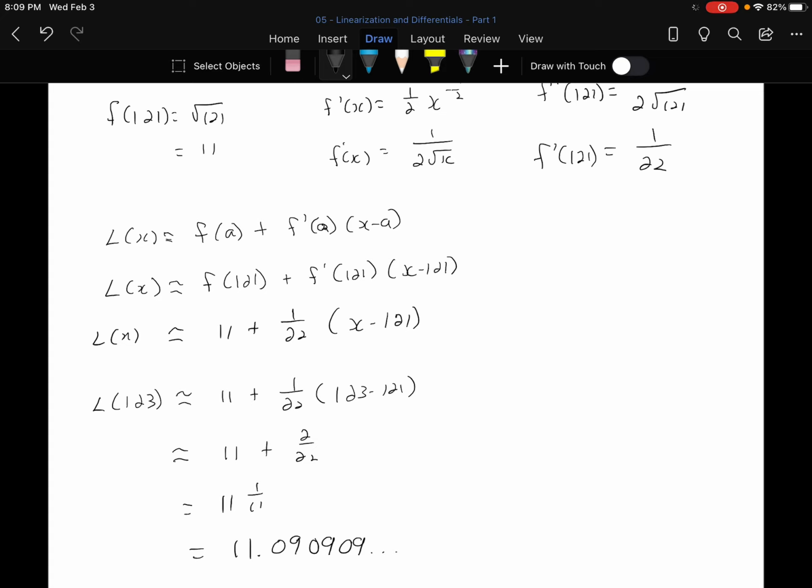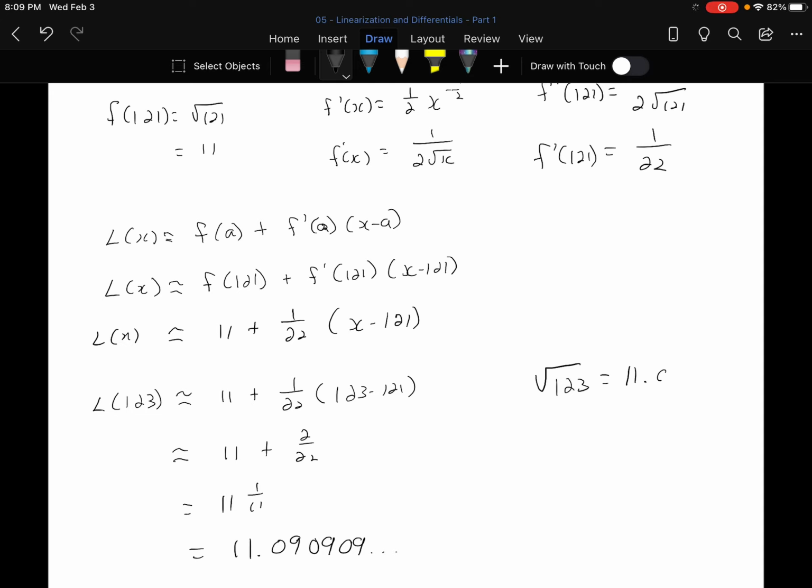But anyways, in the meantime, we better actually check to see how good an estimate this was. Find the square root of 123 using our calculator, see how good we did. And incidentally, we don't need our calculator. Once we get enough math available, we can find out how good an estimate this was without using our calculator to check it. That seems sort of redundant, but we just need a little more experience in all this.